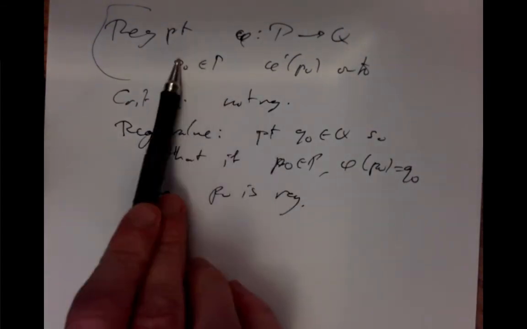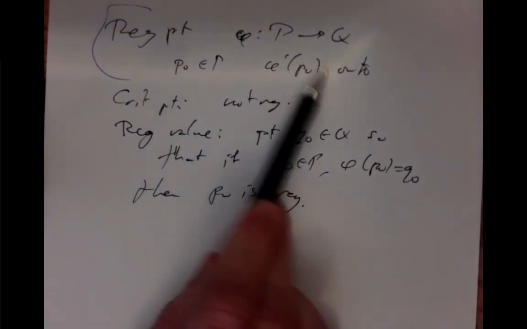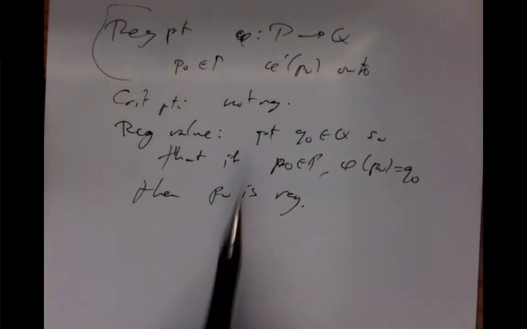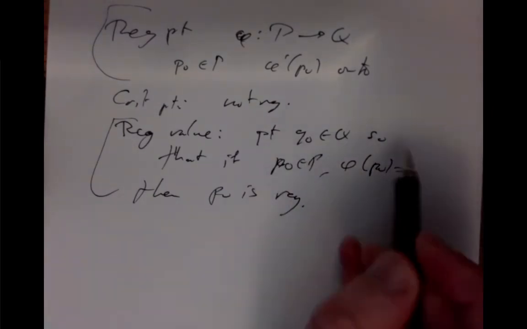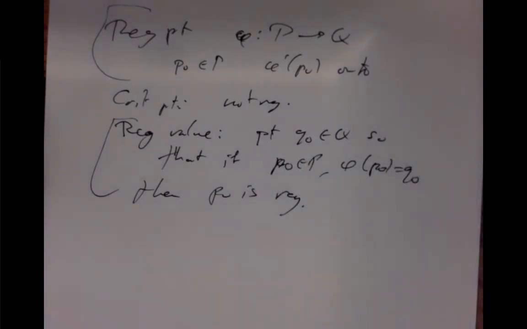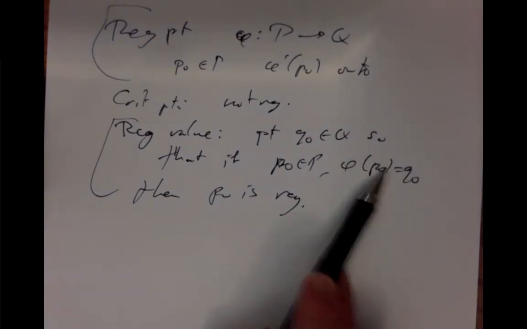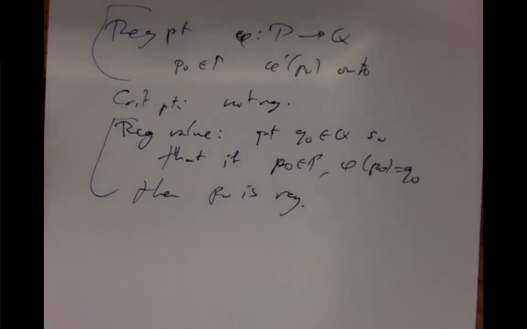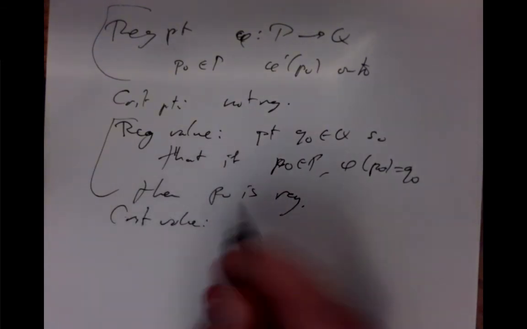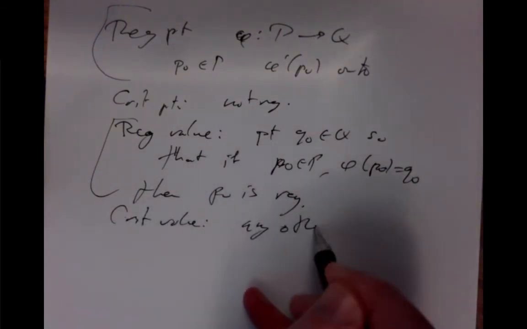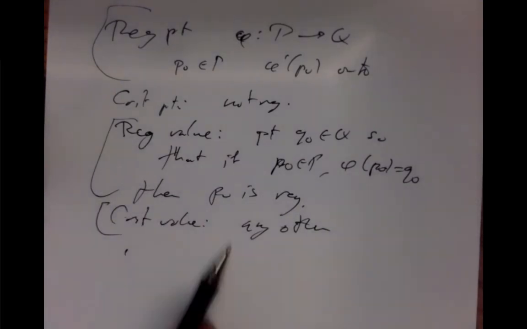A regular point is an input where the derivative is onto. A regular value is an output where any input reaching that output has to be regular. So all the inputs that go to that output Q0 have to be regular points. And then a critical value is any value that's not regular.